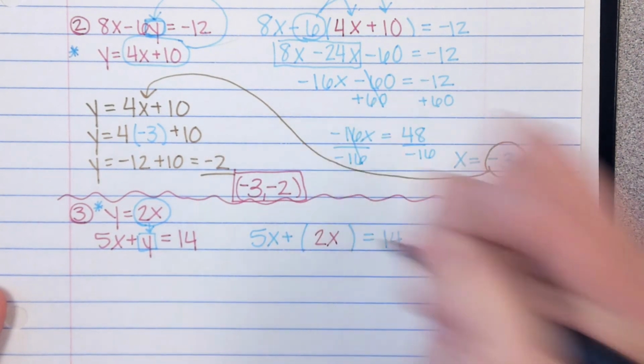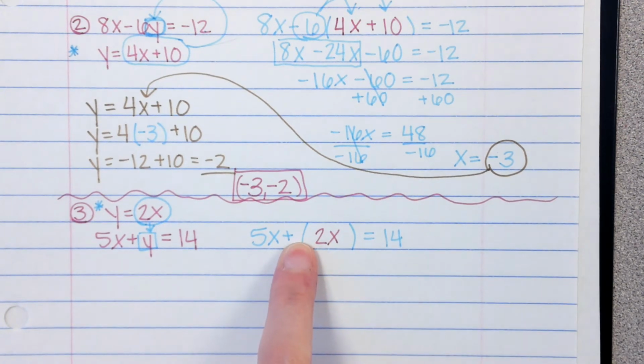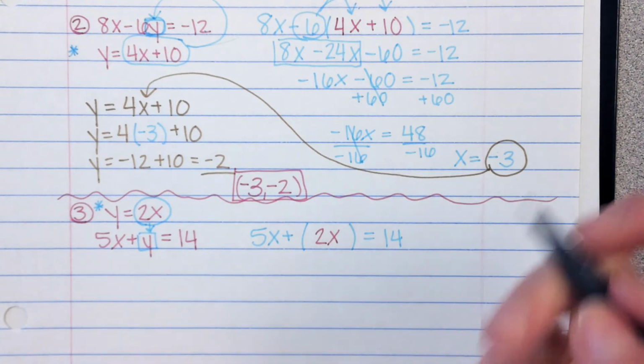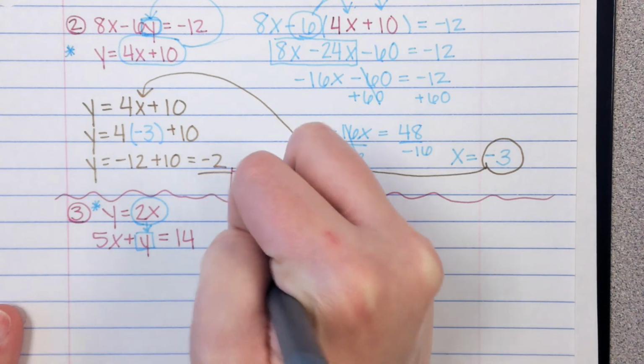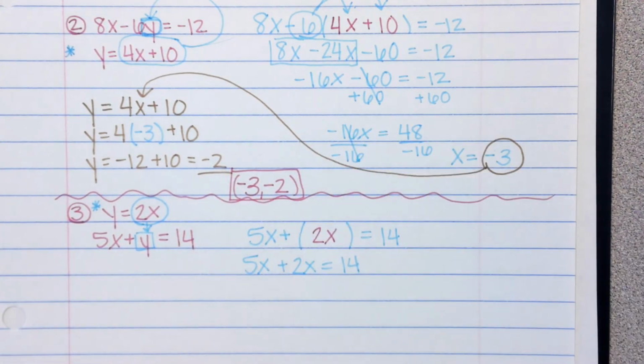So we'll plug in a 2x. Now, in this one, those parentheses really weren't necessary because this is just a positive 1 on the outside, understood? So there's nothing really to do there. So to simplify it, I can just say 5x plus 2x equals 14.